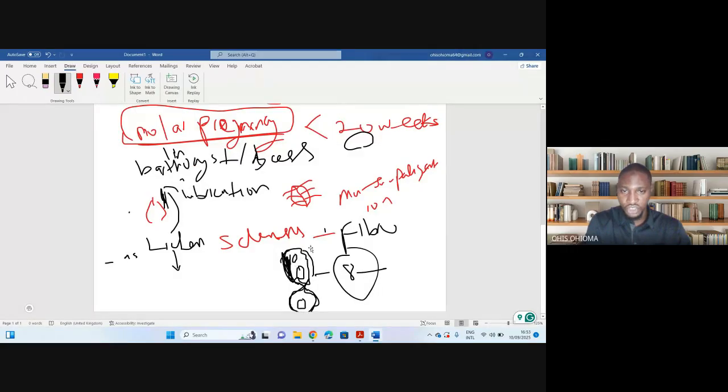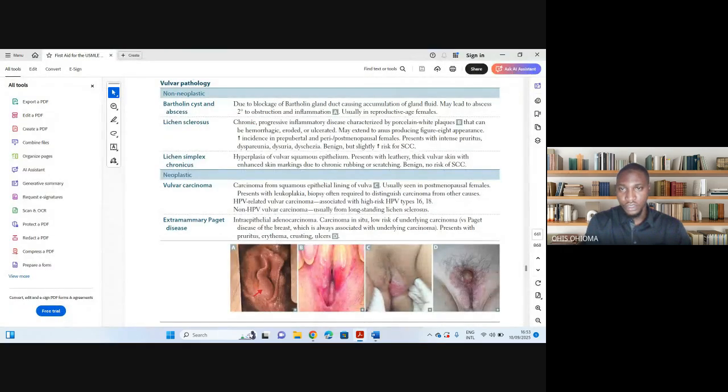So all this region you're seeing here are thickened, right? So you have to know the demographics and the presenting complaint. They usually tell you that there's intense pruritus. This is what gives it away basically.